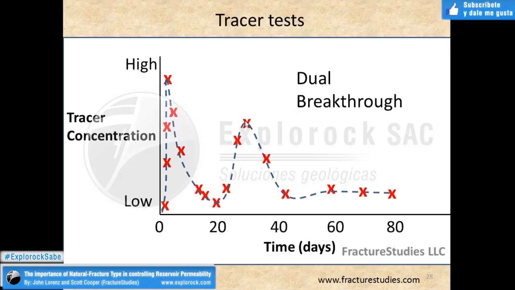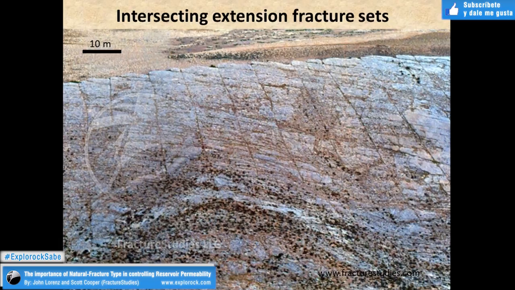There's a set here nearly from the top of the photograph down to the bottom, fairly widely spaced, and a more closely spaced set of fractures going from left to right across the photograph. So if we have this type of intersecting extension fractures, what will affect or influence the horizontal permeability? What's going to control it in this case?